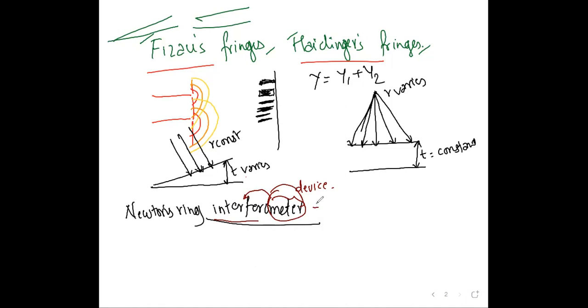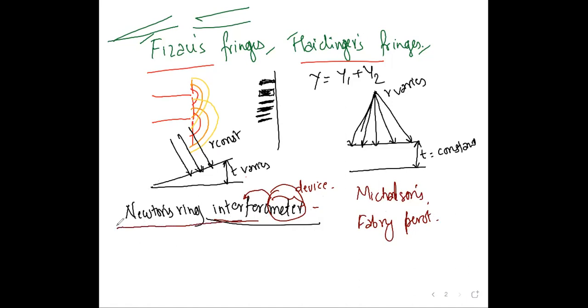So there are different types of interferometers. Michelson's interferometer. Fabry-Perot interferometers. And Newton's ring interferometers, etc. So this interferometer is constructed using the Newton's ring setup.